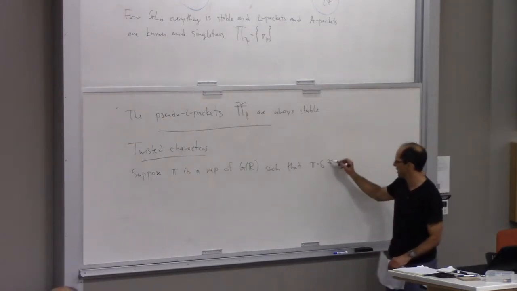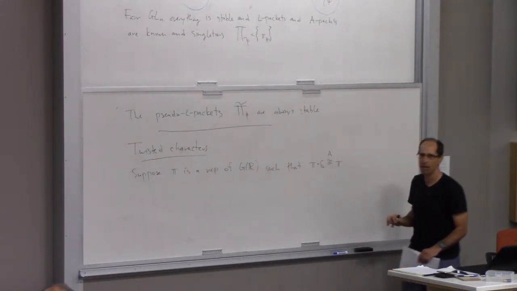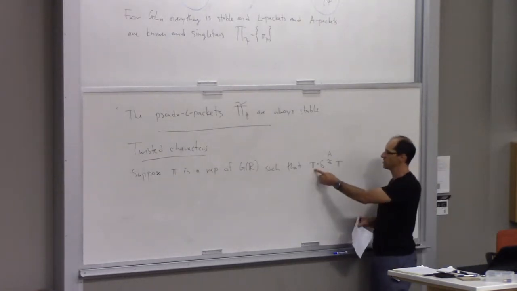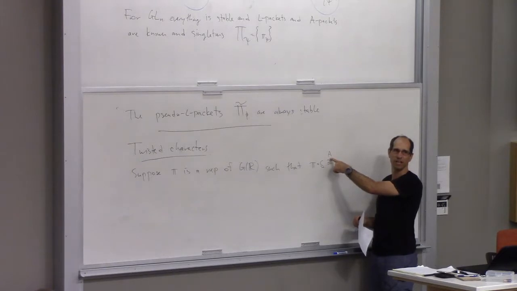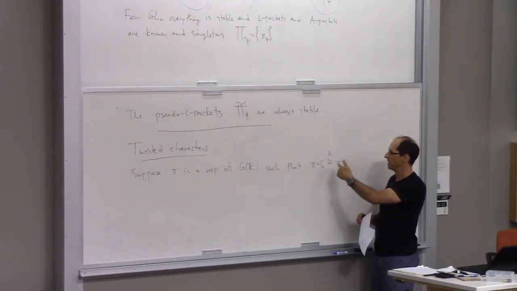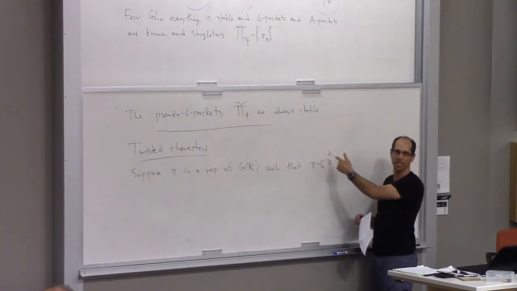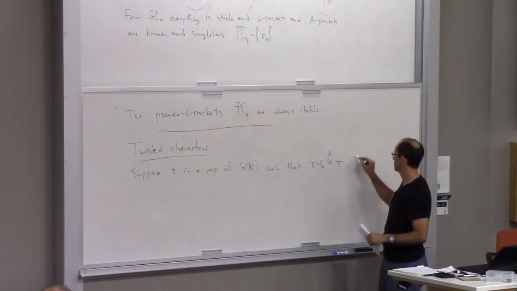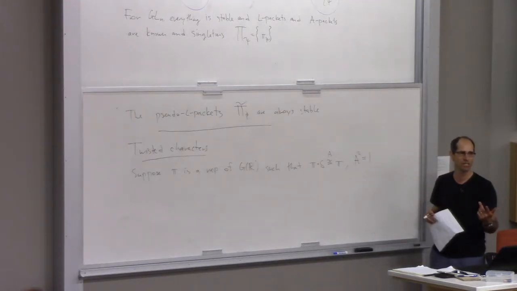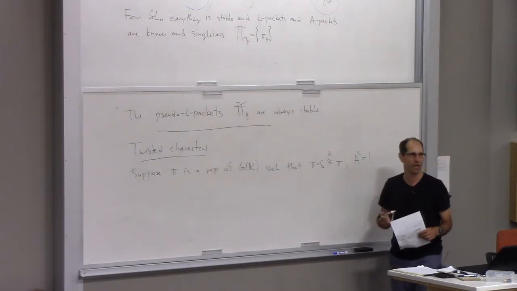Okay, and let's give a name to an intertwining operator A. If pi is irreducible, then A is unique up to multiplication by a non-zero scalar. And if we further make the assumption that A squared is equal to 1, then we have two possibilities for this, differing by plus or minus 1.